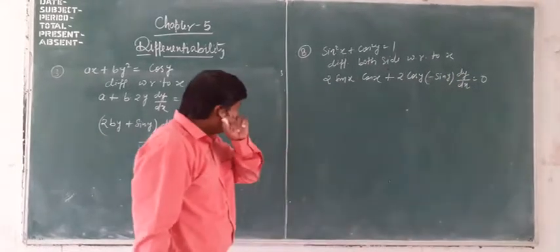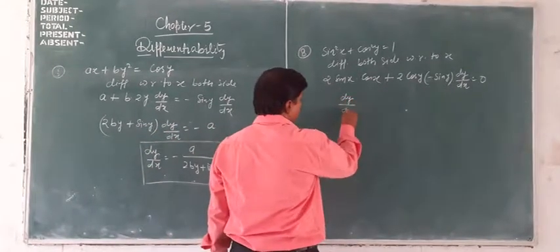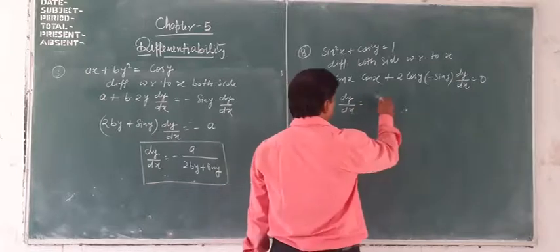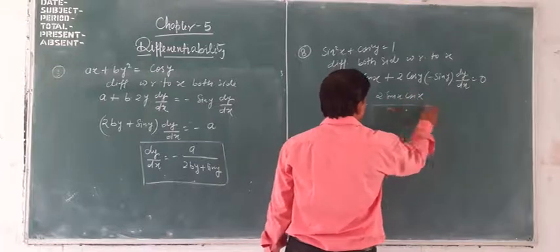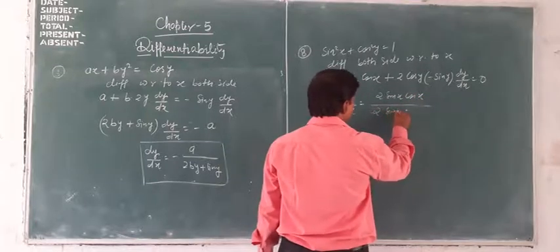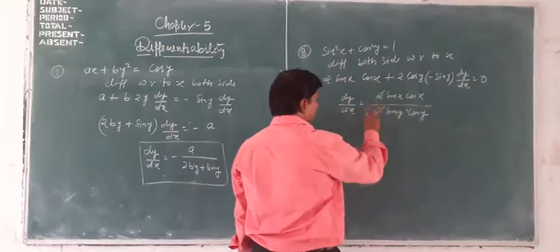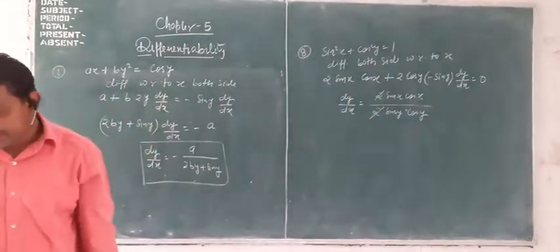So here the value of dy by dx equal to 2 sin x cos x divided by 2 sin y cos y. So this is the result of question number 8.